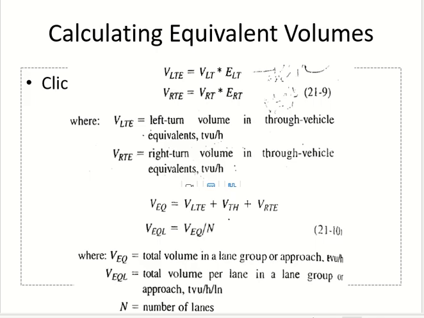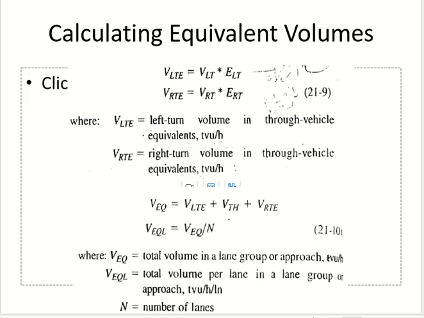So if I have 3 lanes, this one for straight, this one for straight, this one for left turning, I can compare between these two, but I cannot compare with this one until I take the equivalency factor. Once I multiply the equivalency factor, this is like straight, and this is straight, and this is straight. Now I can compare. Got it? Clear now?